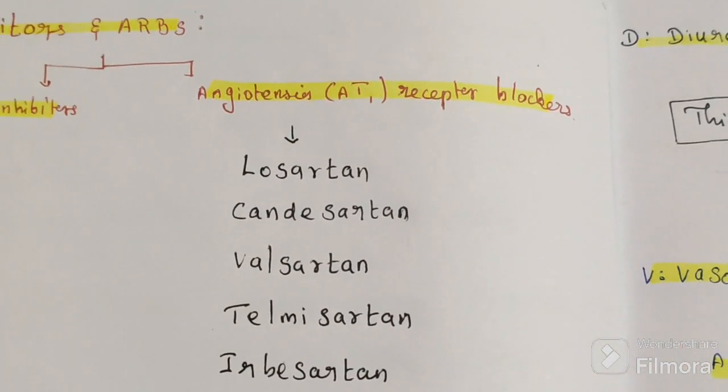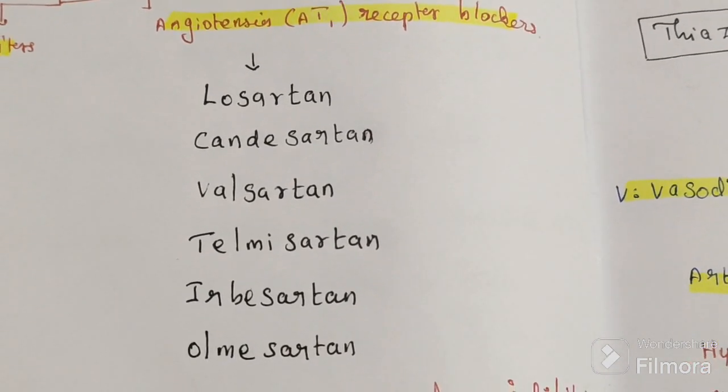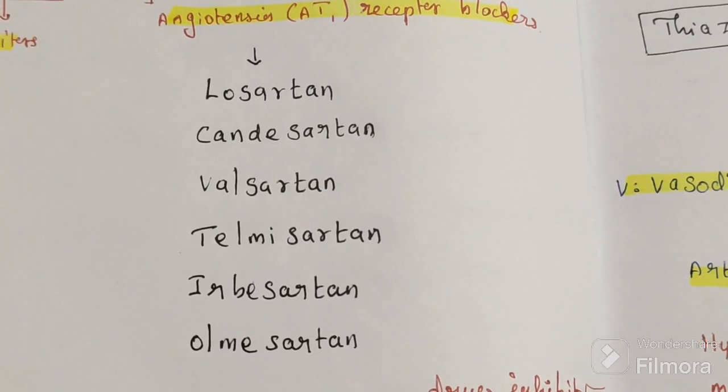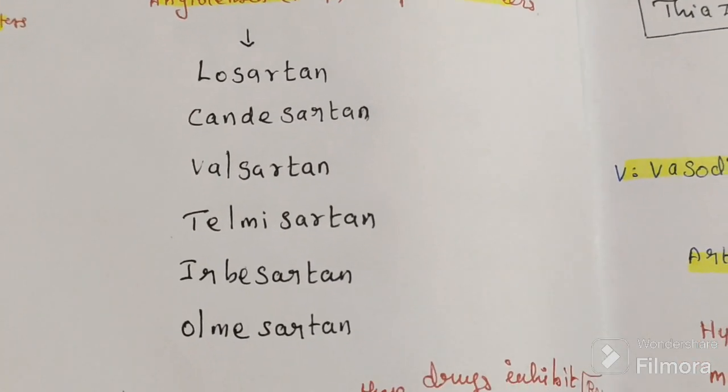Next, ARBs. These have the suffix sartan. So what are the drugs that come under this category?